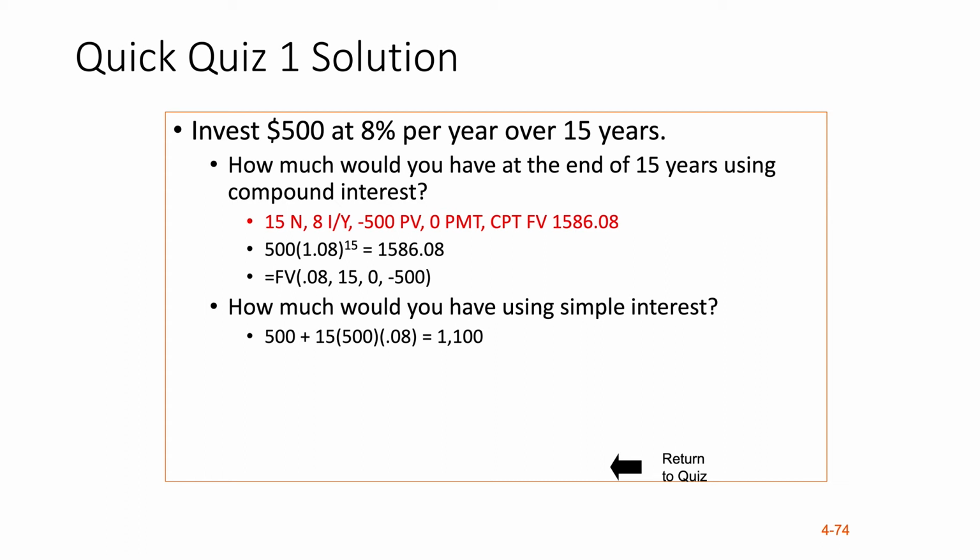Read sample examples 1, 2, 3, 4. Because we just started with time value of money and single cash flow for the time being, in your homework assignment, please give me the inputs. If you can, draw the timeline, which would be good. If drawing the timeline is too difficult, then give me the inputs. What is N? What is I? What is present value? What is future value? I need those inputs.